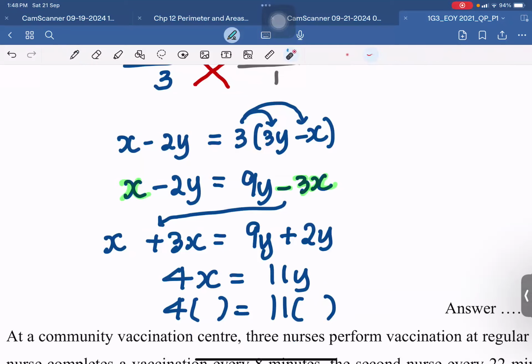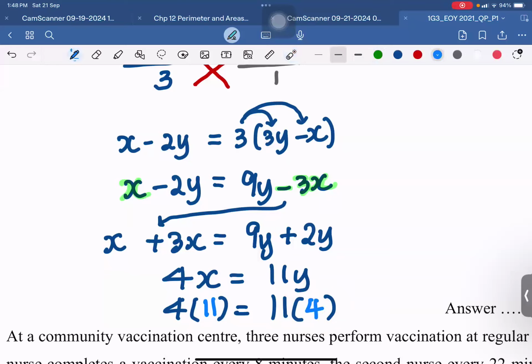What is the number of units for x? x times what number so that they are equal to each other? What is this number? 11. Very good. So this one is the number 11. Then the number over here will be 4. So 11 times the number 4.